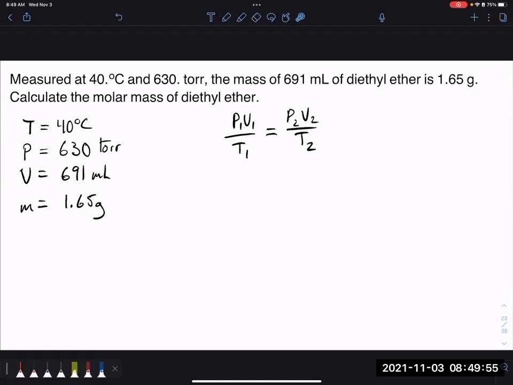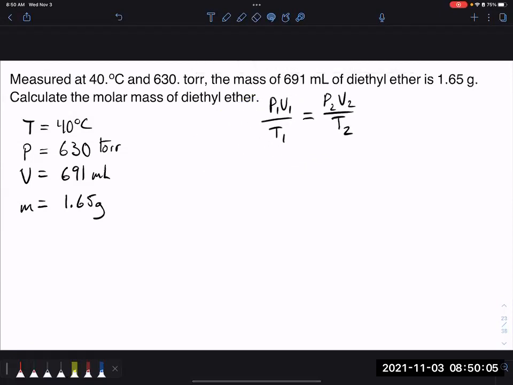Well, let's assume that we just take this gas and we change it so it is at STP. Because if we do that, well, first let's do this, right? 273.15. Can't be working in degrees C. They're peasant units.